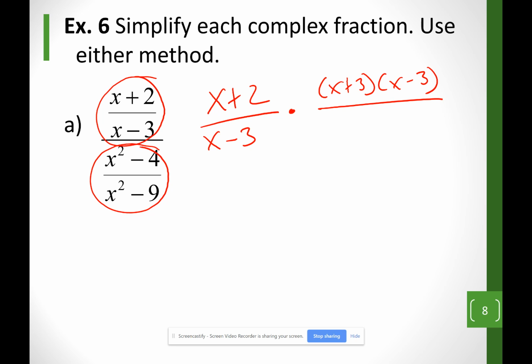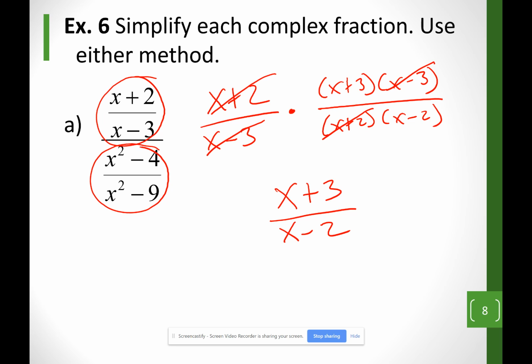And then x squared minus 4, I'm going to call that x plus 2, x minus 2. Remember, I'm doing the reciprocal of the bottom fraction, but in my case, I also factor them just to see if I can cancel anything. X minus 3 with x minus 3 go away. X plus 2 with x plus 2 cancel out. So I have x plus 3 over x minus 2.